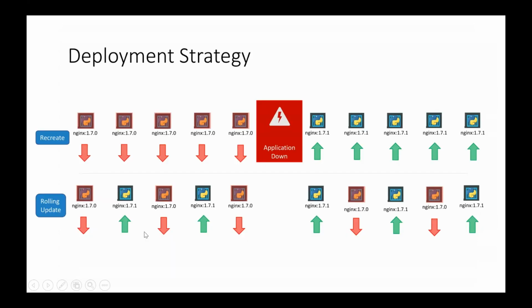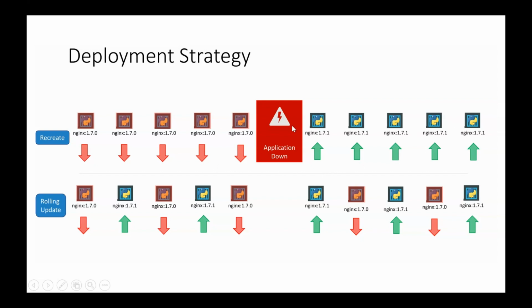And here we have the deployment strategy. We have one deployment strategy, Recreate. If you select Recreate as the deployment strategy, your application will be down for some time, because in this strategy Kubernetes will remove all the pods at once, and then install the latest pods with the latest version inside your cluster.